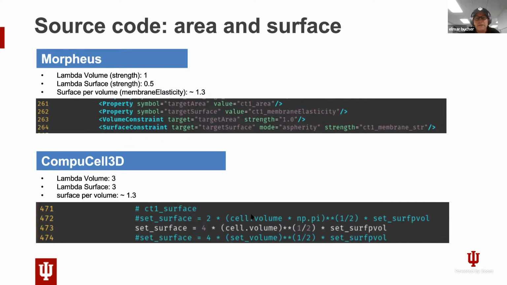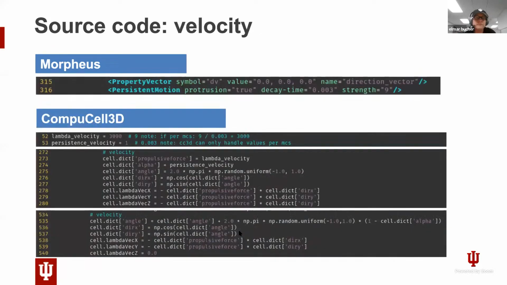You could do the same with the formula for the circle, or you could use not the actual volume of the cell, but the target volume of the cell. But in the end, we tried out all of these settings, and we settled on taking the cube and taking the actual volume of the cell.